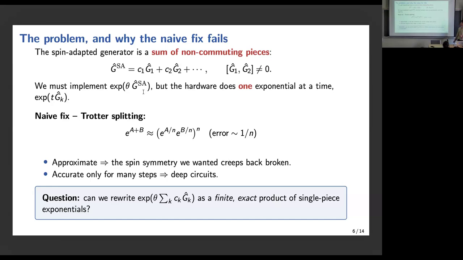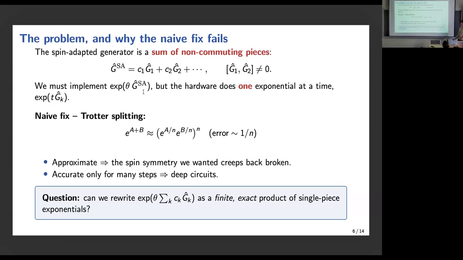So yeah, the problem is how do you decompose your large unitary, which is not so straightforward to implement on a quantum computer, into small, solvable, and implementable parts. And like I mentioned, the Trotter splitting approach is not so good for this case because you'd have to use a lot of Trotter steps first, and that's going to increase the depth of your circuits.